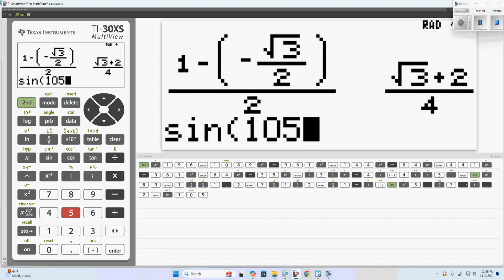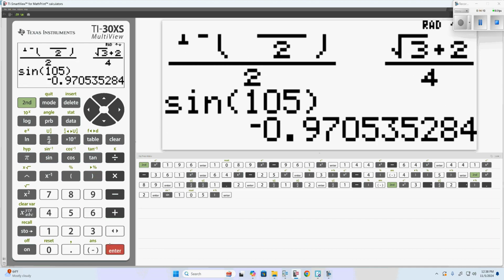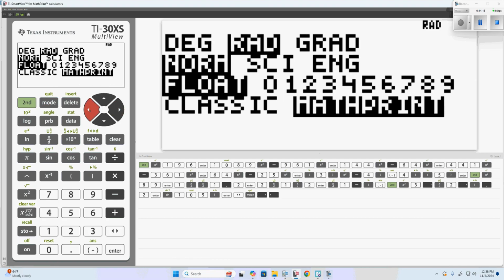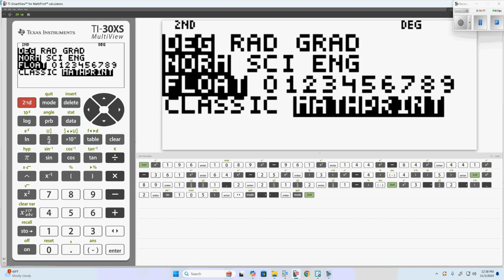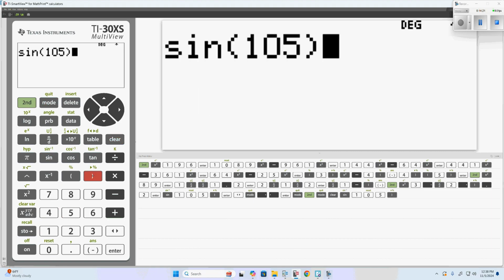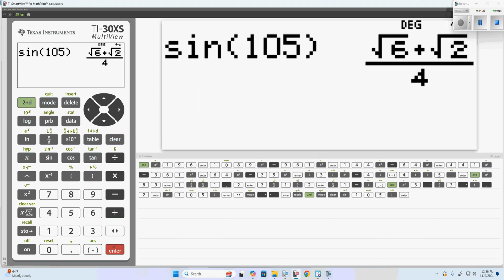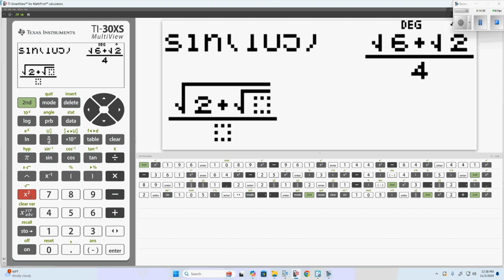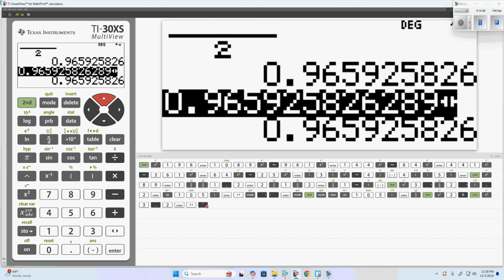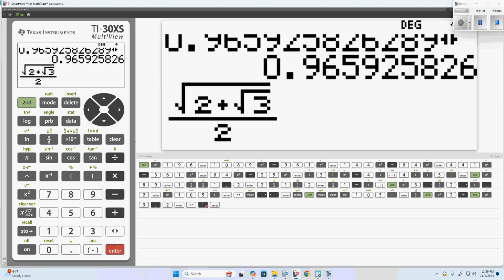Now we can look at sine of 105 degrees. And we get this here. It also might help if we are in degrees, not radians. Sine of 105 degrees is this here. Now we said our answer was the square root of 2 plus the square root of 3 over 2. So this here is our answer.